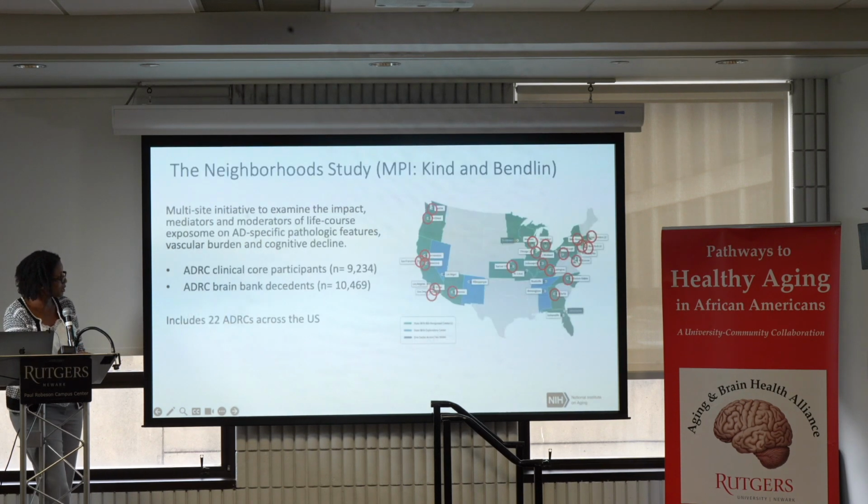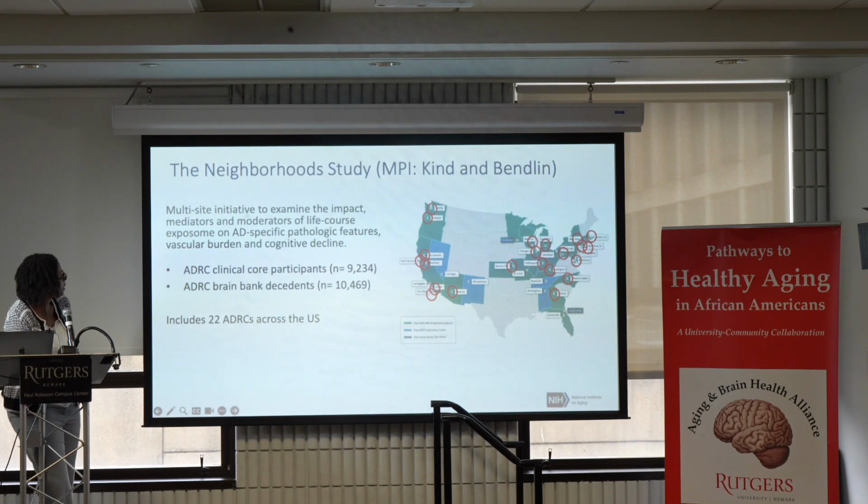And then many of you may be familiar with work from Amy Kind using the Area Deprivation Index, or ADI, to really understand how one's neighborhood and other neighborhood factors could really contribute to AD-specific pathological features.